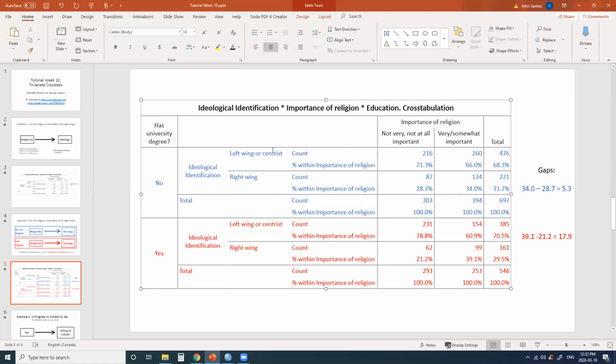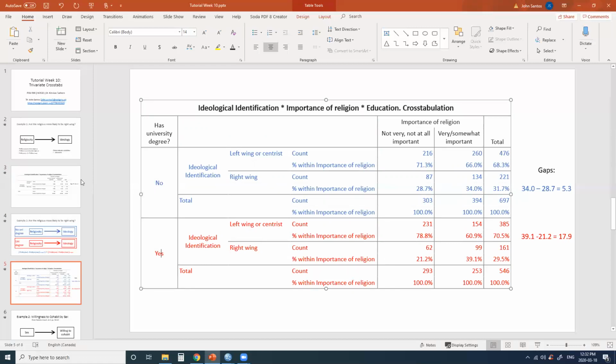And so this is looking at the relationship between ideology and religion amongst those with no university degree. And this part of the table is looking at the relationship between ideology and importance of religion amongst those with a university degree. So it allows us to control for different conditions of some control variable or moderator variable, right?